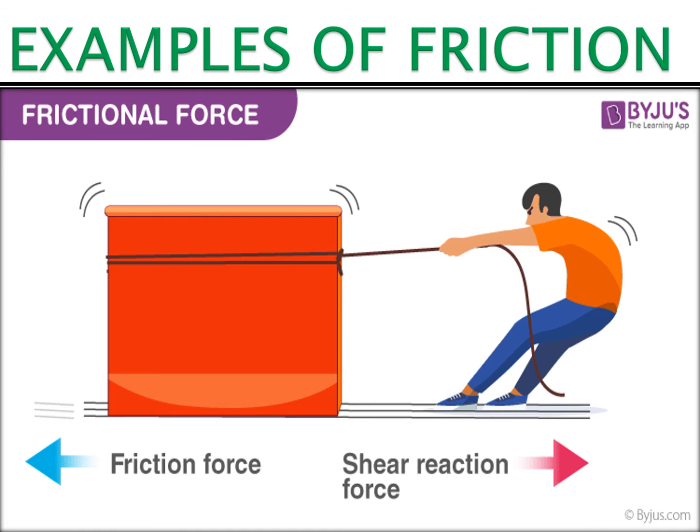Here you can see an example of friction force. In this image, the man requires a large force to move a heavy box because friction opposes the motion. Once the applied force is greater than the frictional force, the object will move.